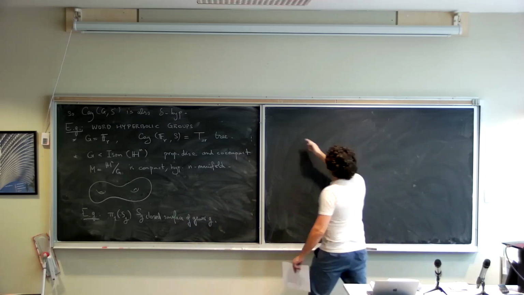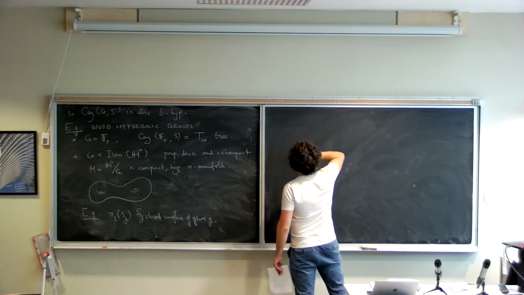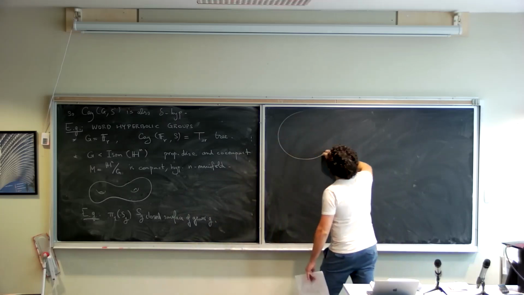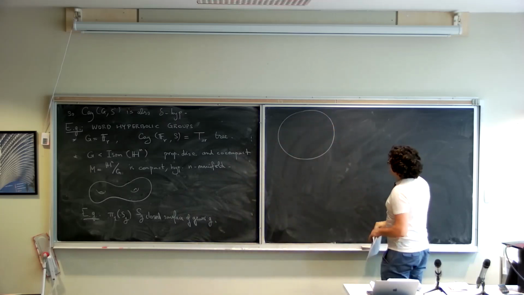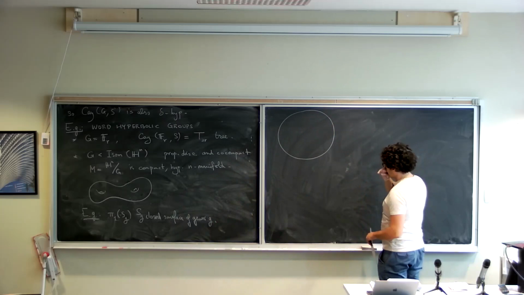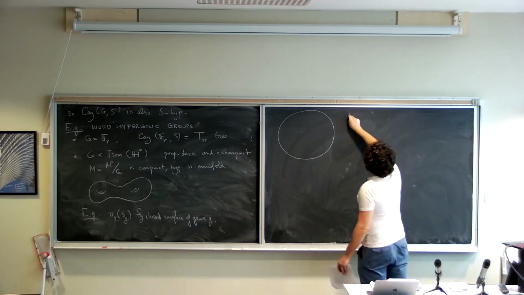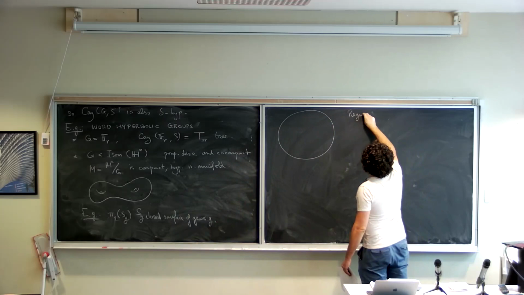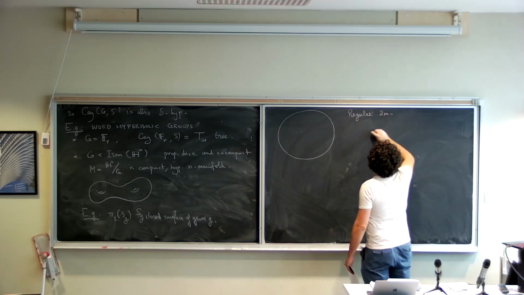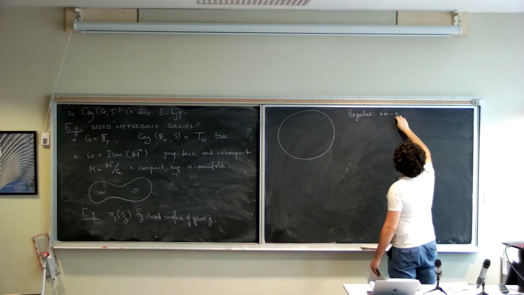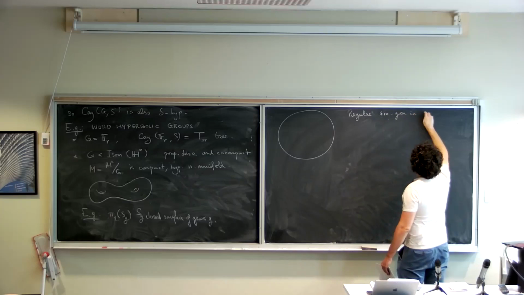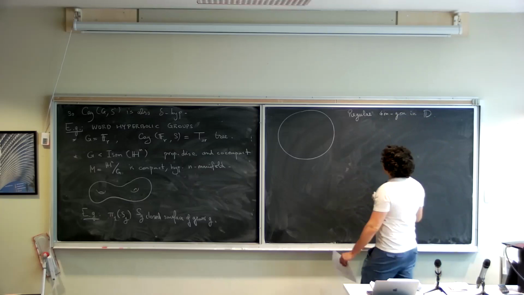The classical picture is you can think of a disk, and you can draw a polygon in the disk, a regular polygon. So you draw a regular 2m-gon or even a 4m-gon in the disk, regular with respect to the hyperbolic metric.